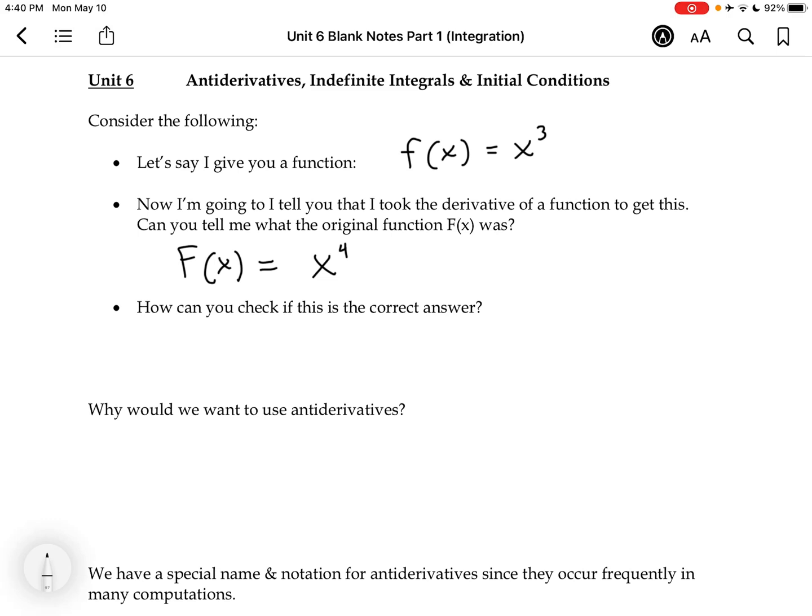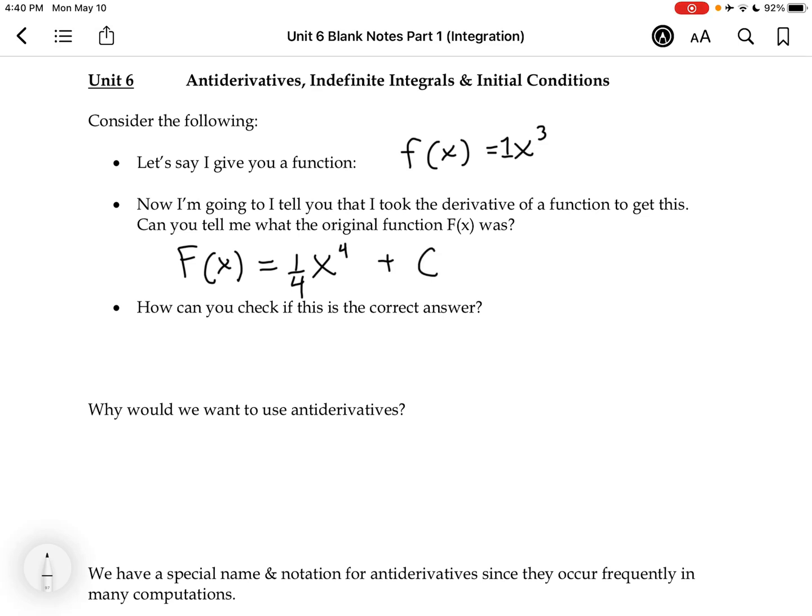We would have had to multiply by 4, but the coefficient of this derivative f of x is just a 1. So if we had multiplied something by 4 to get a 1, this original coefficient must have been 1/4.